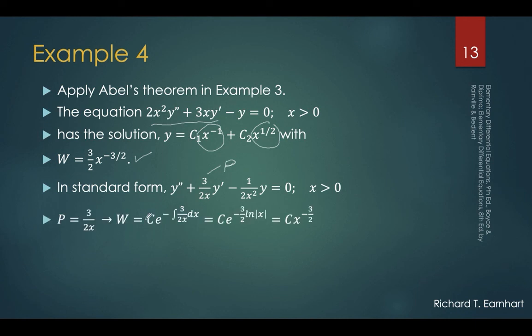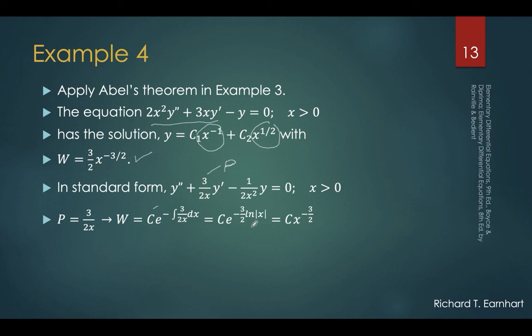Okay, and then using Abel's theorem, so C e raised to negative integral of p dx. So p is 3 over 2x. Okay, so this equals c times x raised to negative 3/2.